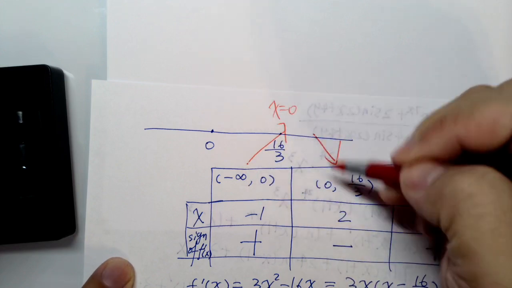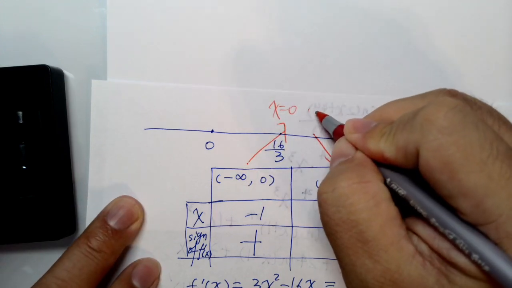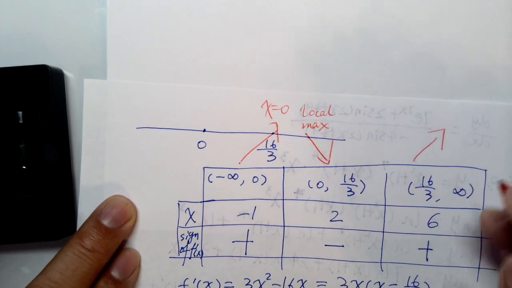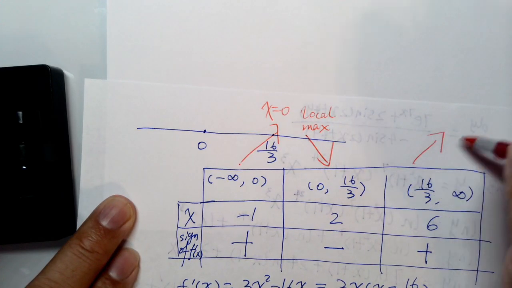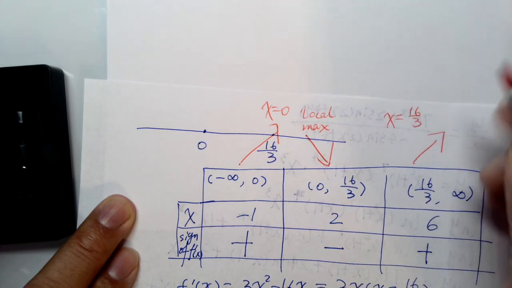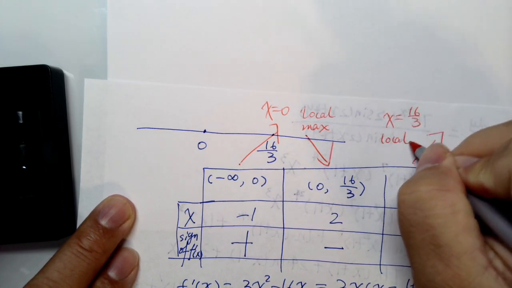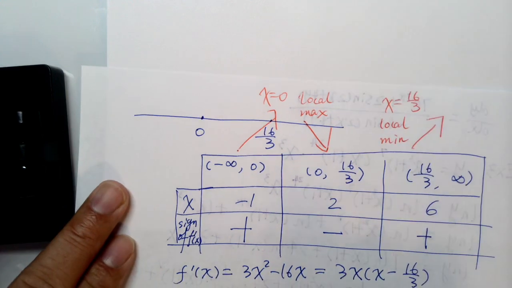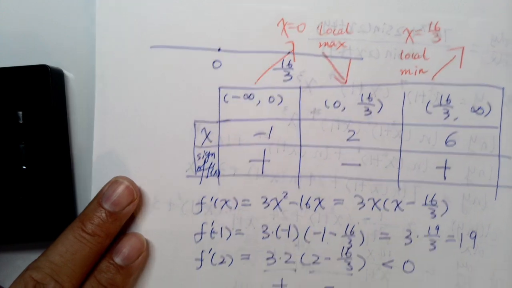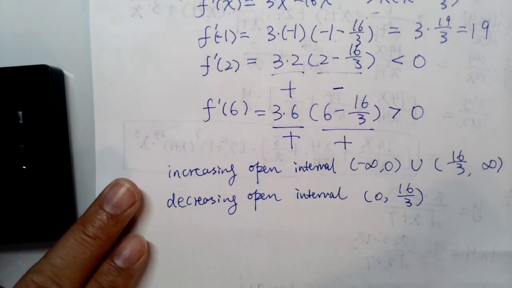Because you're going up and going down. And then you're going down and going up. So at x equals 16 over 3, you have a local minimum. Okay, so that completes this example here.